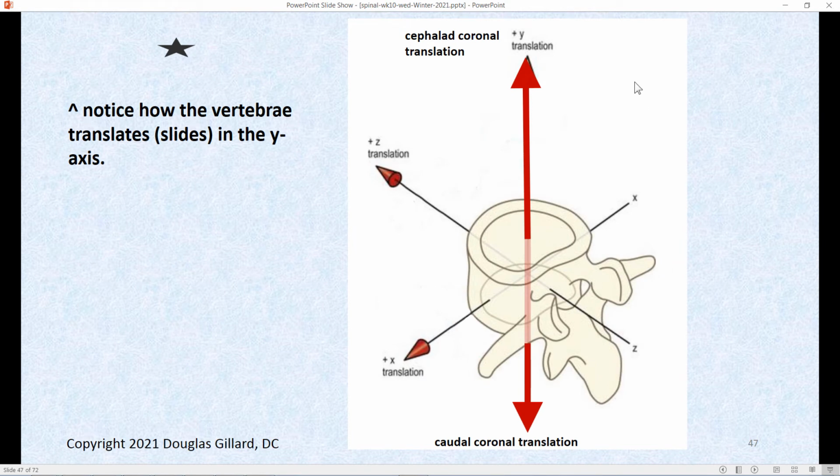This cephalad coronal translation, you're going to be imparting on people's cervical spines all the time. So the vertebra slides up, that's a positive, slides down, it's a negative. The key is, remember, you position yourself in the front to see this, and you picture the bone sliding up is cephalad coronal translation. Picture the bone sliding down, or really compressing it down, that's a caudal coronal translation.